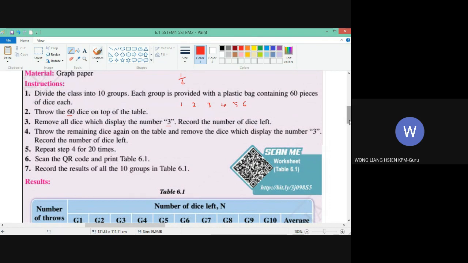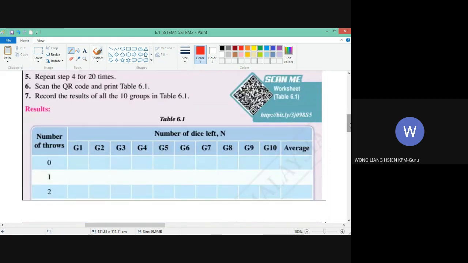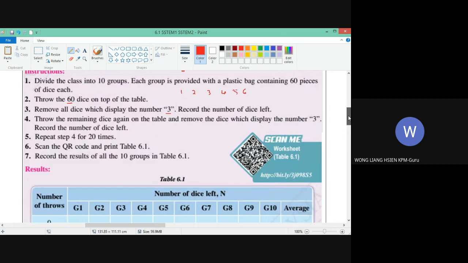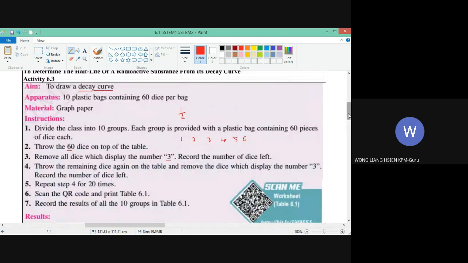Repeat step 4 for 20 times. I think this activity does not actually represent the actual half-life, because it goes by the number 3 only.